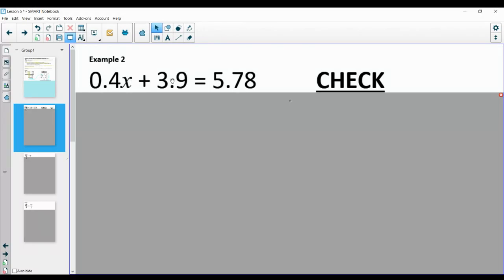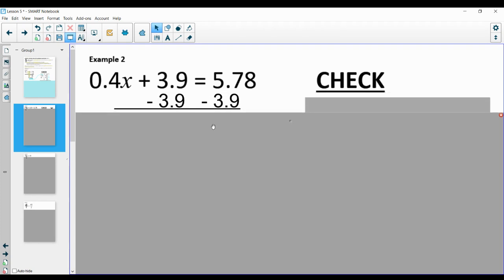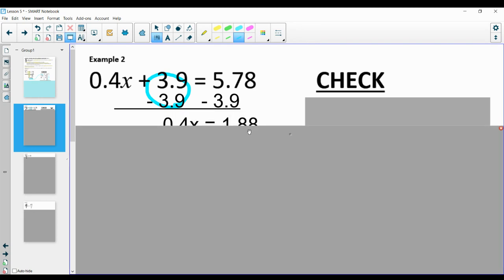I need to get rid of the plus 3.9. How am I going to move it to the other side? Well, how do I get rid of adding 3.9? You're going to subtract by 3.9. And if I subtract by 3.9 on one side, I have to subtract by 3.9 on the other side. These two right here, plus 3.9 minus 3.9, are zero pairs, so they cancel out.